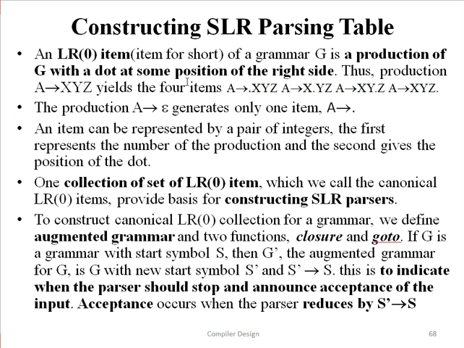For example, if we are given a production rule of a grammar as A derives XYZ, for this production rule we can create LR(0) items by placing the dot operator starting from the left end of the right-hand side until we shift the dot to the right end of the production rule.